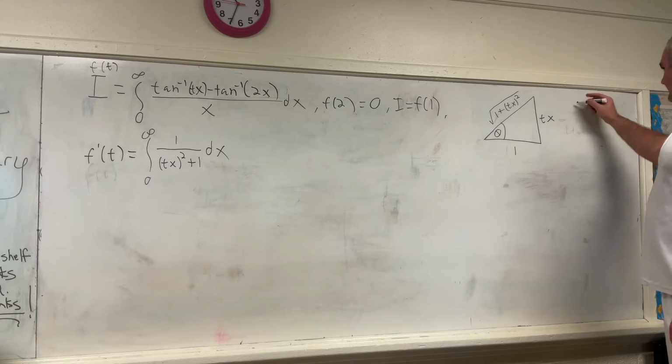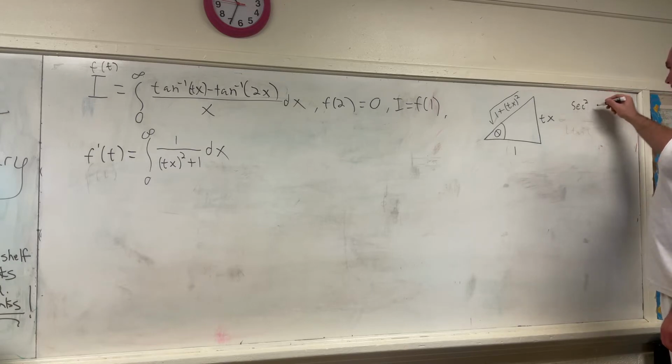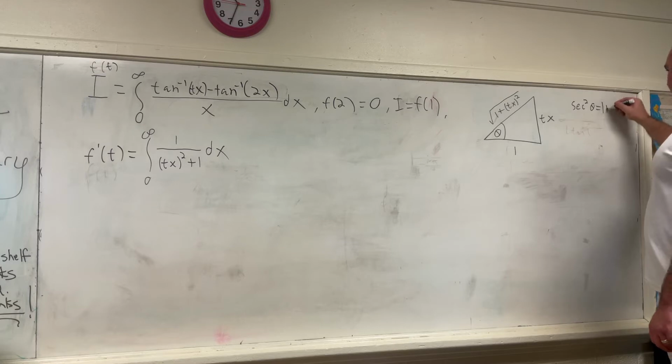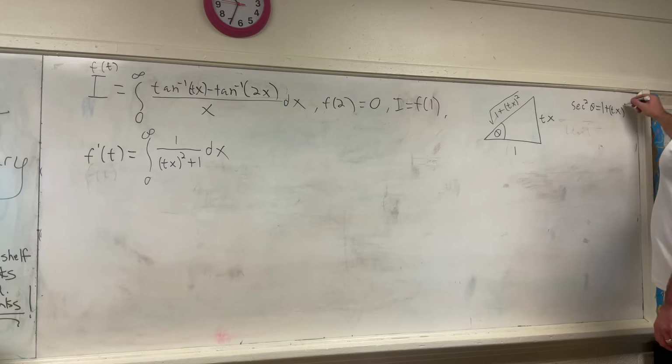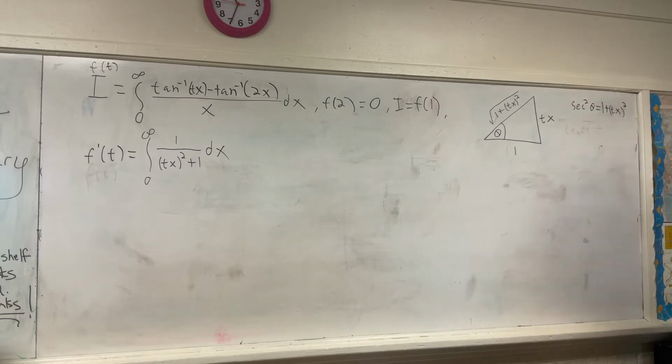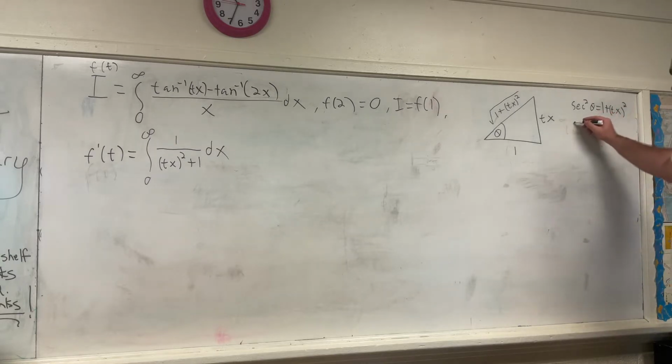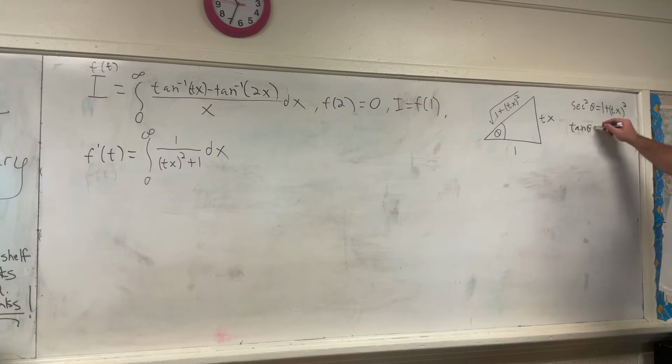So we know that secant squared theta is equal to 1 plus tx all squared. So that's true. We also know that the tangent of theta is equal to tx.